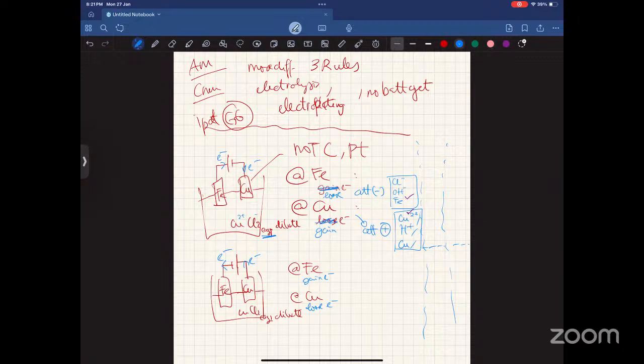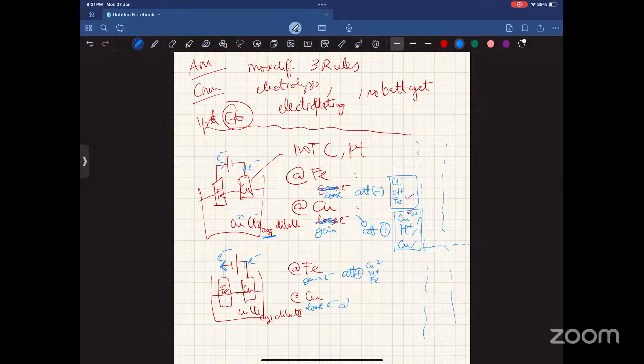Now let's talk about the bottom one. This attracts what? Cu. Again positive, attract positive. So Cu what? Cu2 plus, right? Oh yeah, Cu2 plus. H plus. Iron.